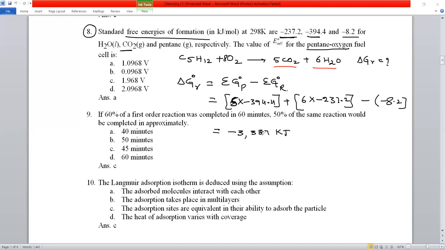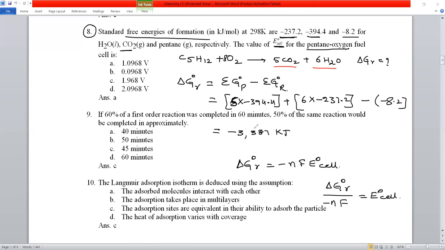But what we need is E naught cell. So del G naught of reaction equals minus nF E naught cell. So E naught cell equals del G naught of reaction divided by minus nF.